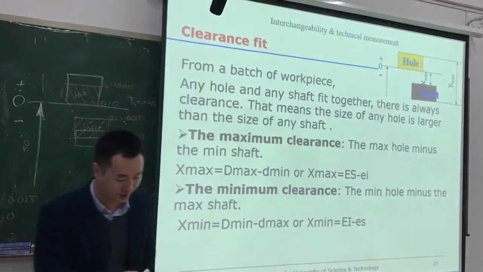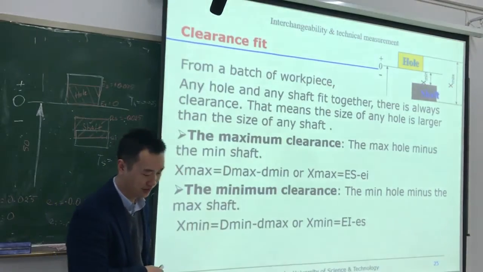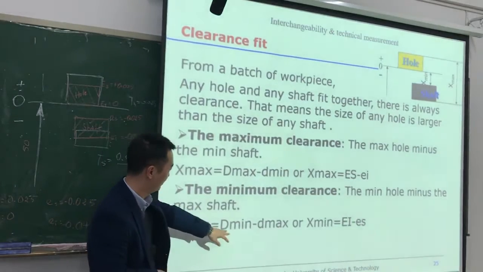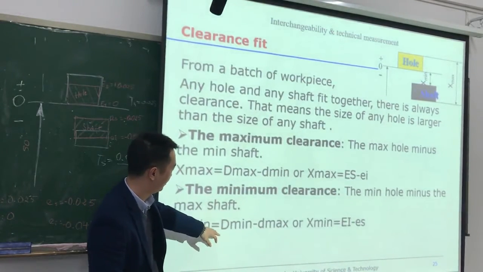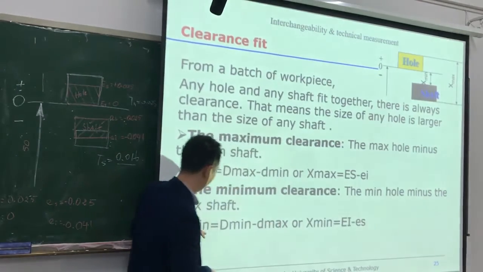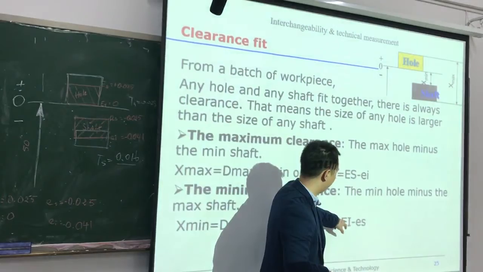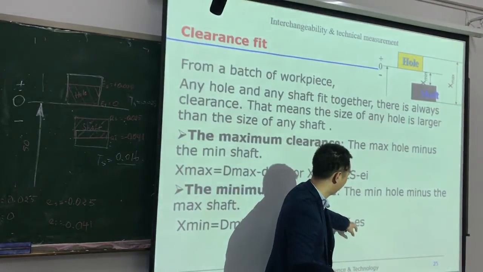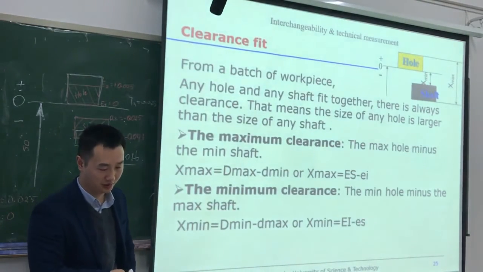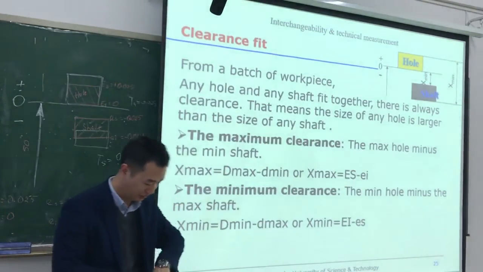So we can get the minimum clearance like this: the minimum hole minus the maximum shaft. It can also be calculated according to the equations, using capital EI minus lowercase es to get the minimum clearance. This is the clearance fit.